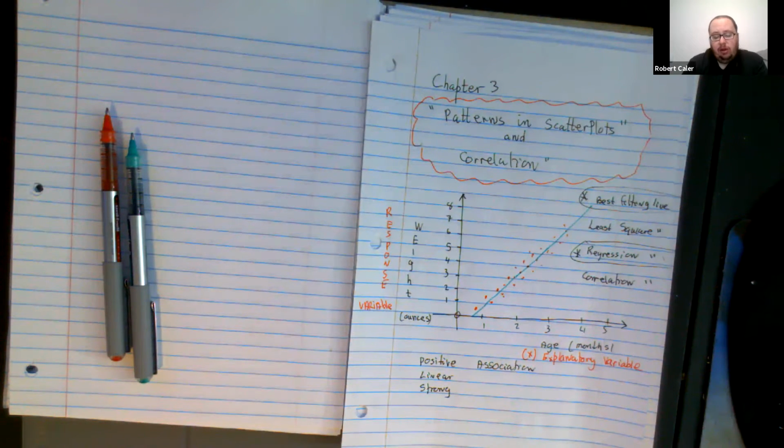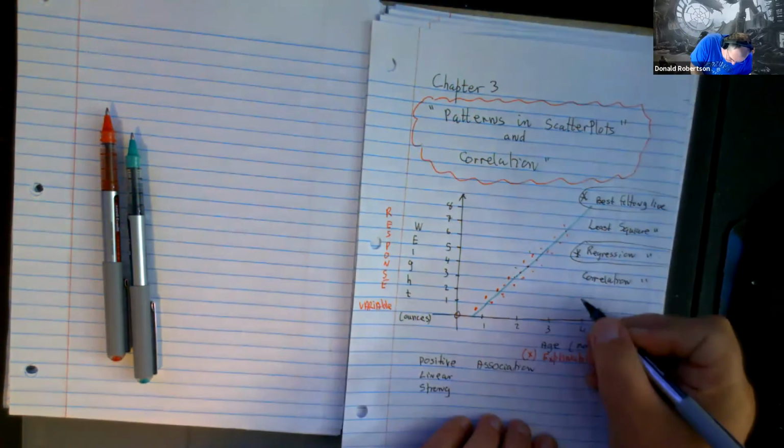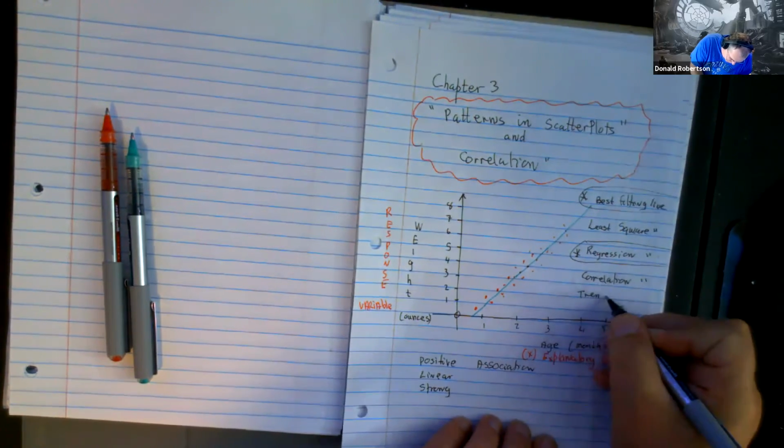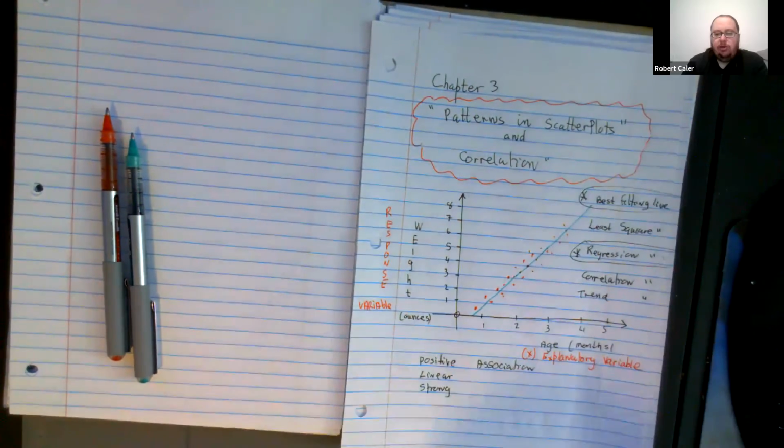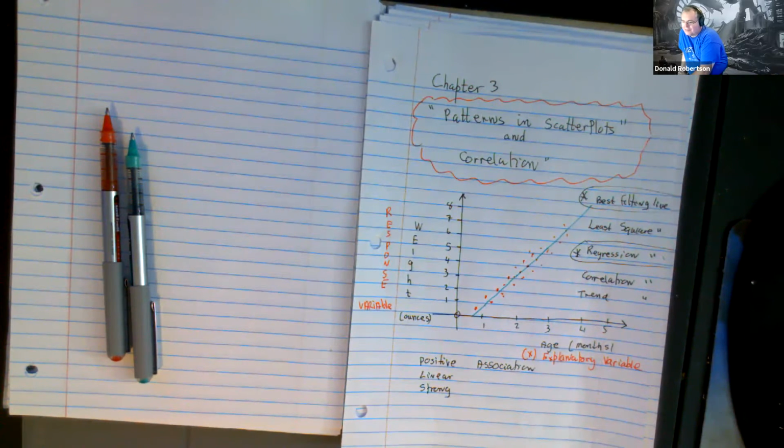I've heard or seen that being called a trend line also. Is that correct? Well, you've just found a term I have not met before, but it won't surprise me. It's used in Excel spreadsheets a lot. There you go. And if we keep looking, we could probably find three or four more.